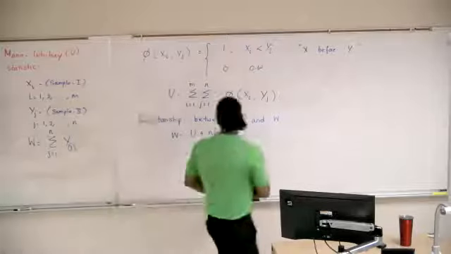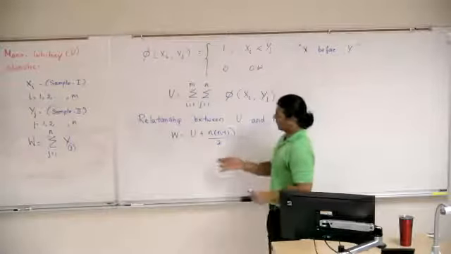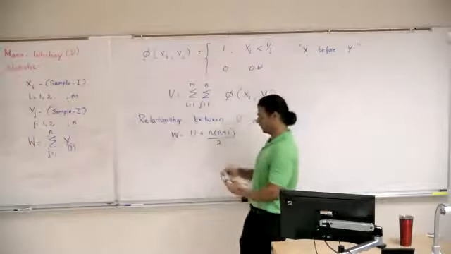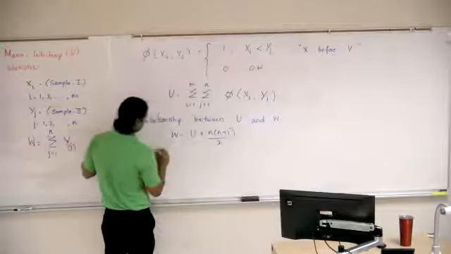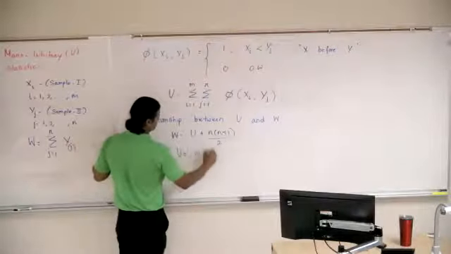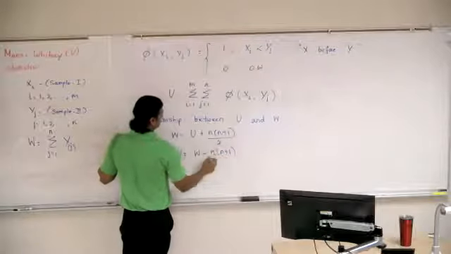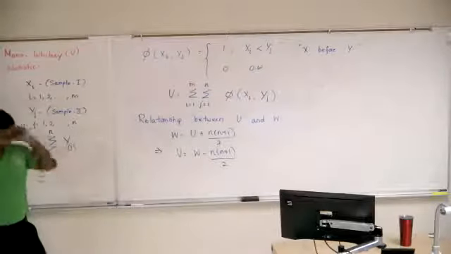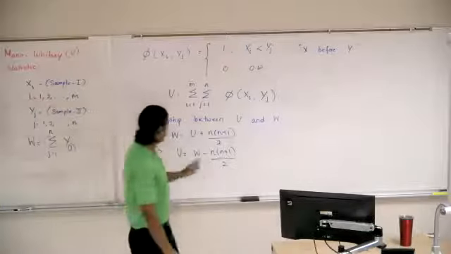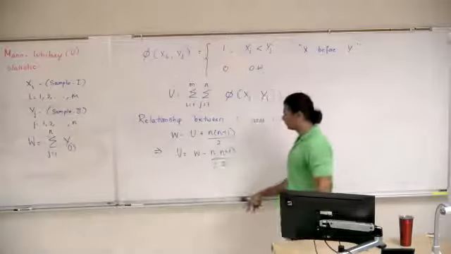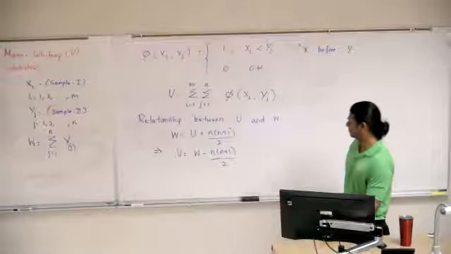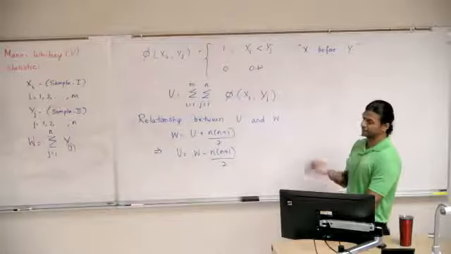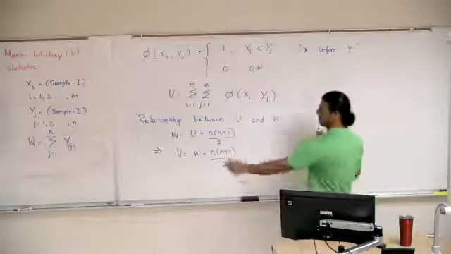O.W. means otherwise. So if you find U, you can find W. Likewise, if you find W, you can find U. W minus n times (n plus 1) over 2 would simply be equal to U. Same logic can be applied to the critical values.